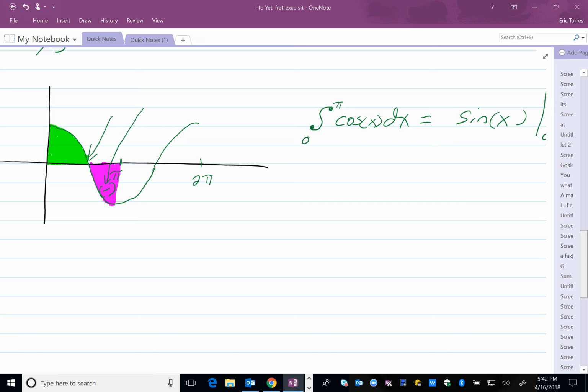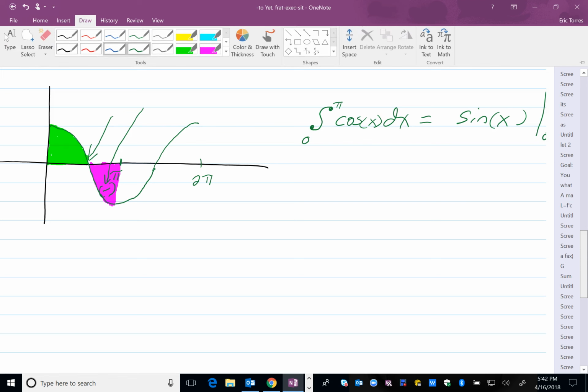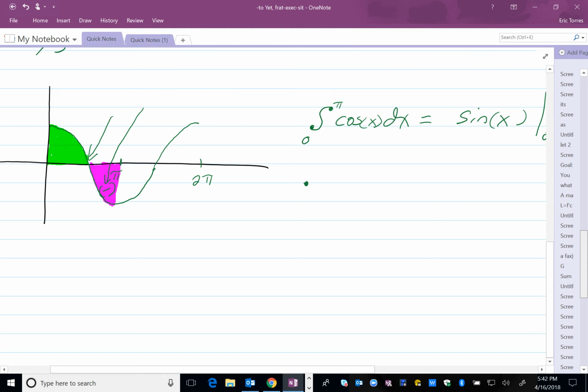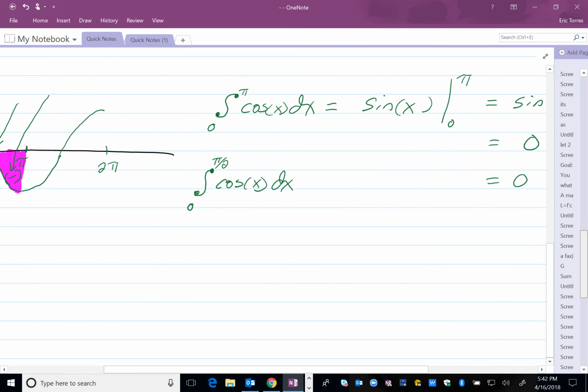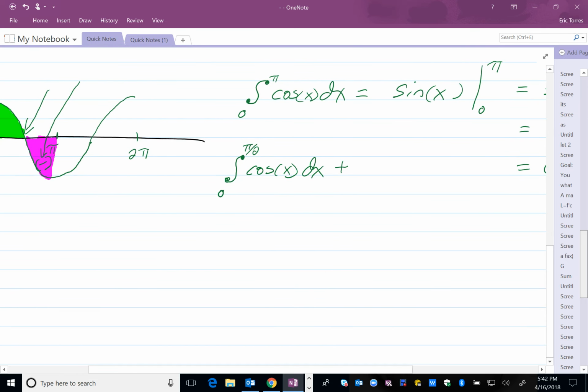Okay, so first of all, I would have to recognize that it starts off as positive from 0 to pi over 2. And I want to add the second part. I'm going to put that in red, which is from pi over 2 to pi. But everything I calculate there, I realize is going to be a negative accumulation. So I need to switch the sign.